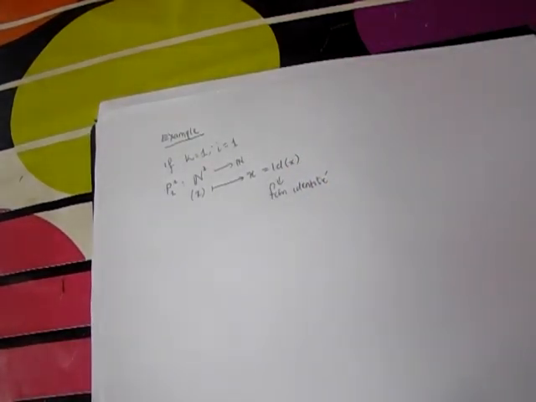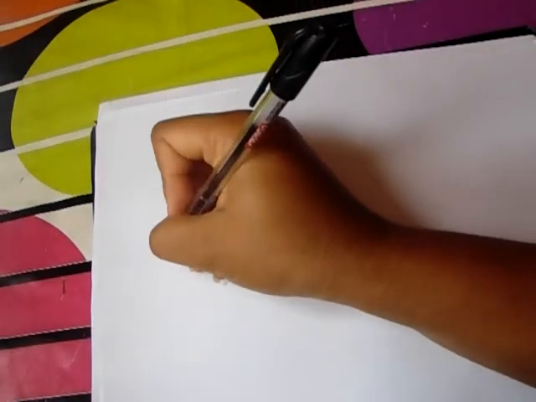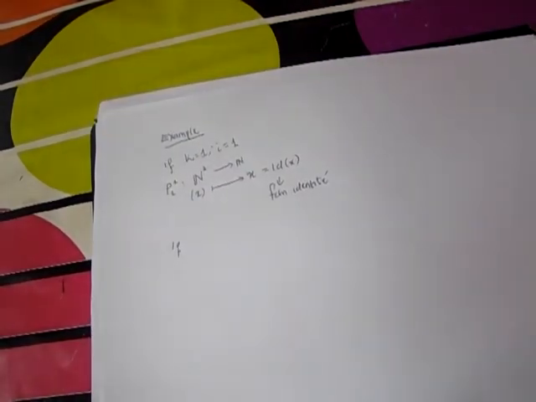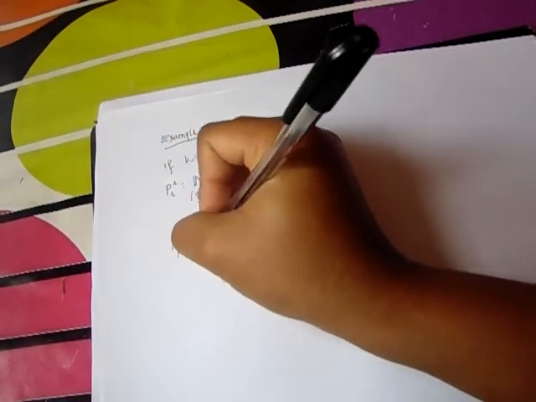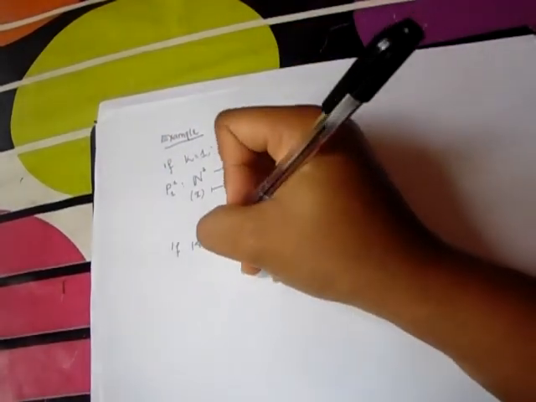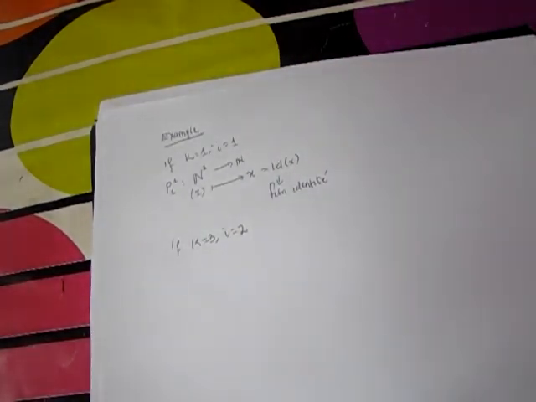Now let's try another example. For this, you can probably pause the video and try to get it yourself. So if k is equal to 3 and e is equal to 2, that means they are telling you to bring out the second projection. You can pause this video and see if you can get it on your own.